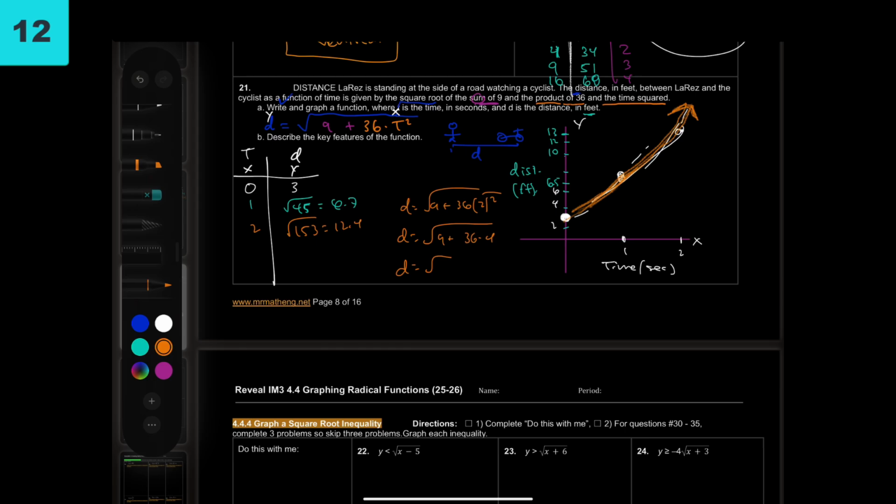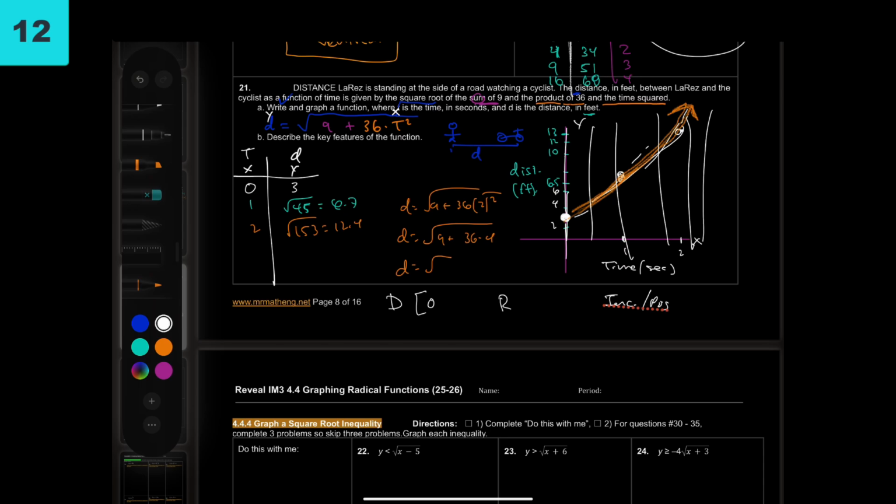Okay, and then we just do the same, describe key features: domain, range, and if it's increasing and positive. The domain is all the x values. For the time, you can only start at time 0, but then you can keep going basically to infinity.